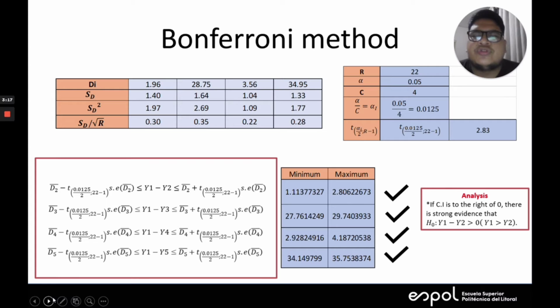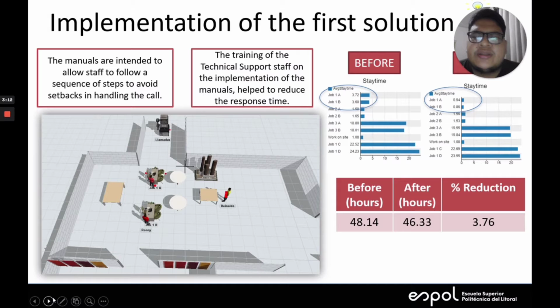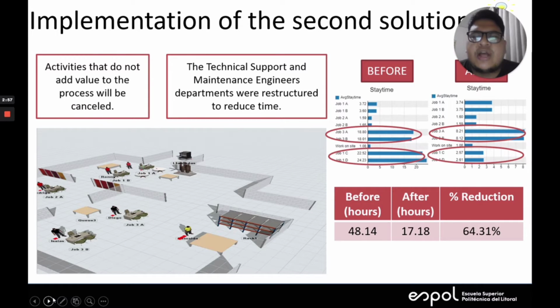However, you have to choose the best one, for this we will present the solutions. In the first solution, a training manual will be provided to technical support people to avoid mistakes with customers. It will reduce the gap by 3.76%. In the second solution, a path will be programmed to prevent the process from crossing activities that do not add value. This will significantly help departments that hold the audited loans, such as technical support and maintenance.